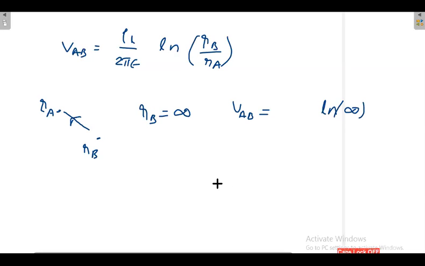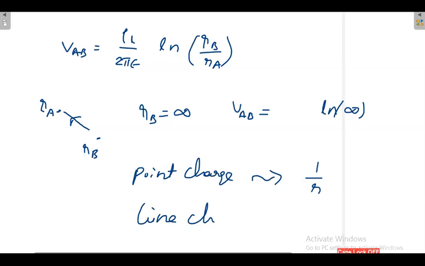Whereas in the case of a point charge, I have to spend finite energy, but in the case of a line charge, I have to spend infinite energy. In the case of a point charge, it was simply 1 by r, but in the case of a line charge, the amount of energy I have to spend is something like infinite.